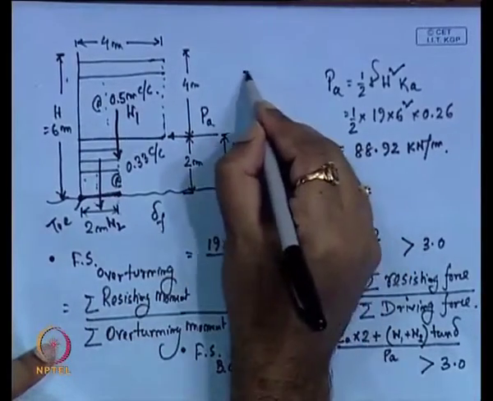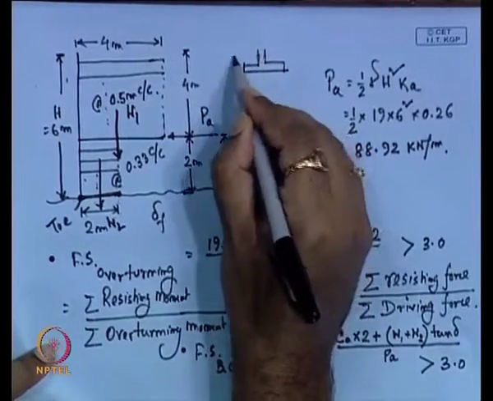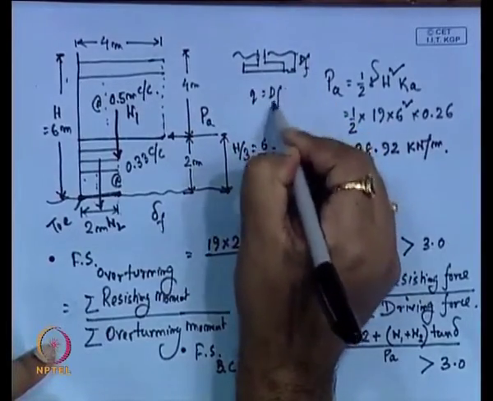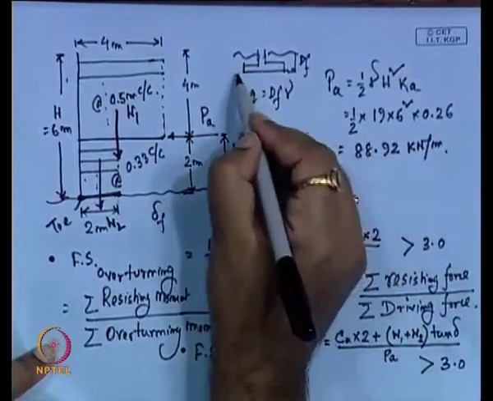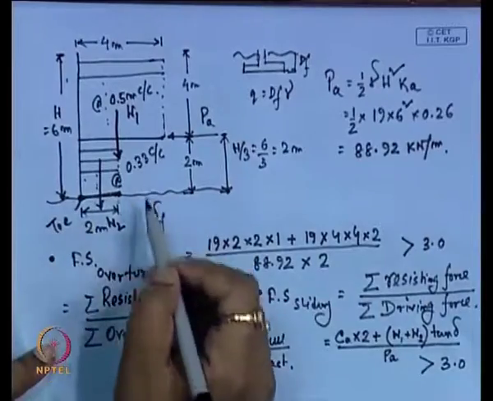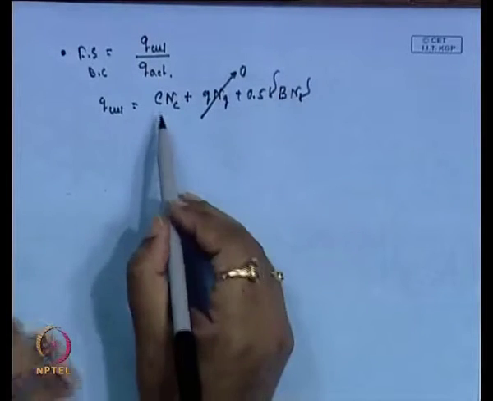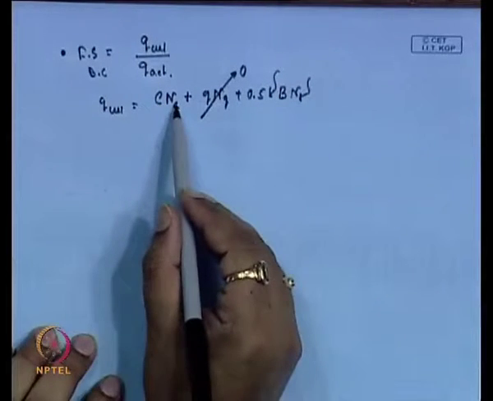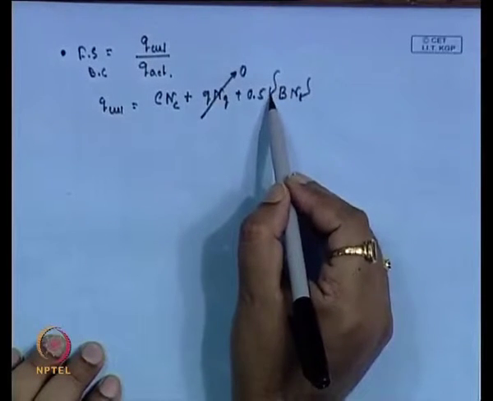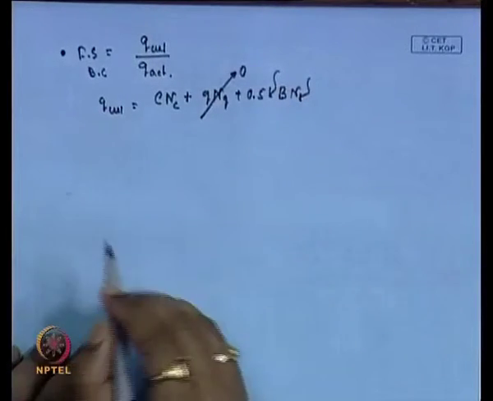If the foundation is resting at some depth, d_f, then we can consider Q equal to d_f into gamma, but if it is placed at the surface, then Q is 0. So, here also it is placed at the surface, so we can consider that the Q value is 0 in this case. So, this is the expression: C is the C of the foundation, N_c is calculated based on the foundation soil phi, gamma is the foundation soil unit weight, N_gamma is calculated based on the foundation phi, and B is the length of the reinforcement.